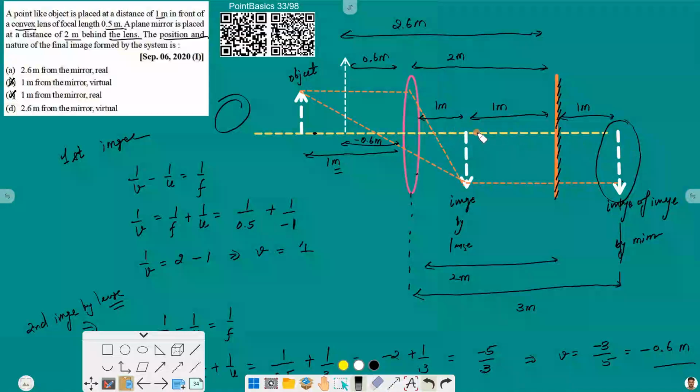For this lens, the focal length is 0.5 meter, and it is placed beyond f. In the case of a convex lens, if the object is beyond f, not between the pole and f, then its image is always real. So here the final image will also be real. So option A will be the right answer and D will be the wrong one here. Let us move ahead.